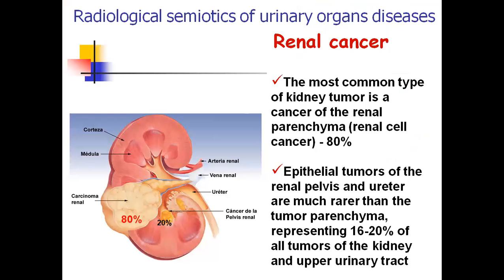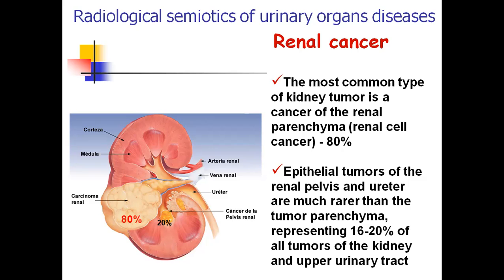Renal cancer, the most common type of kidney tumor, particularly the tumor of renal parenchyma. So-called renal cell cancer represents up to 80% of all cases of renal neoplasms.